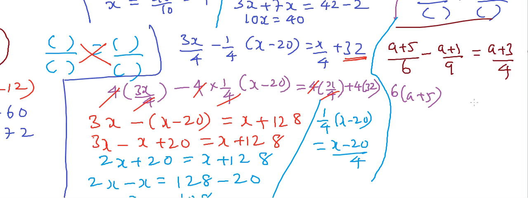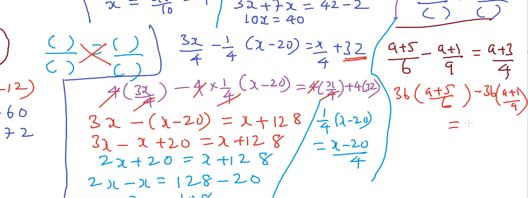If you are not sure, you can have one more step. 36 into a plus 5 by 6 minus 36 into a plus 1 by 9 equal to 36 into a plus 3 by 4.